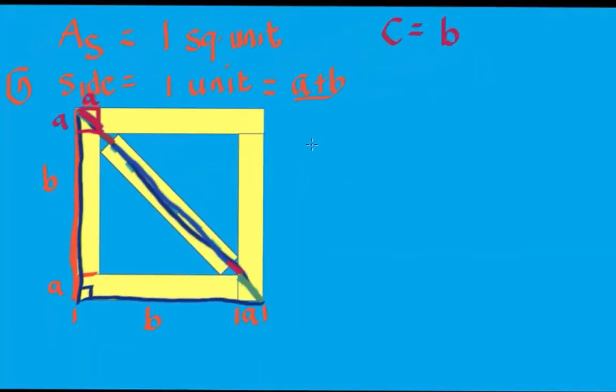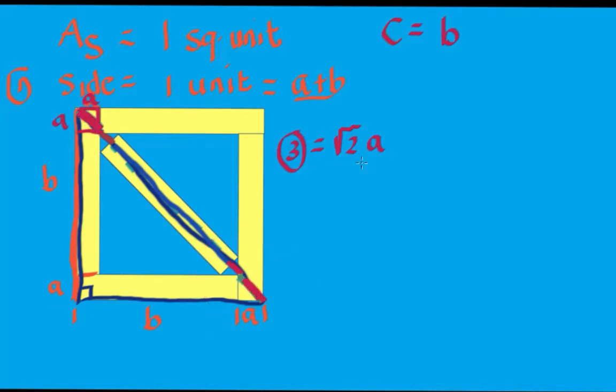Now, what is the length here? What is this diagonal? That is the diagonal of a square with a dimension of a by a. And we know that the formula for the diagonal of a square is the square root of 2 times the length of the side a. So you have here the square root of 2 times a, but there is also another part here that is identical to this diagonal.